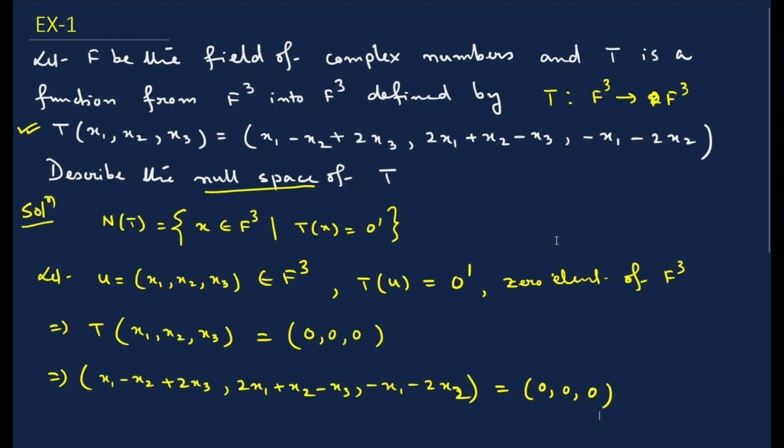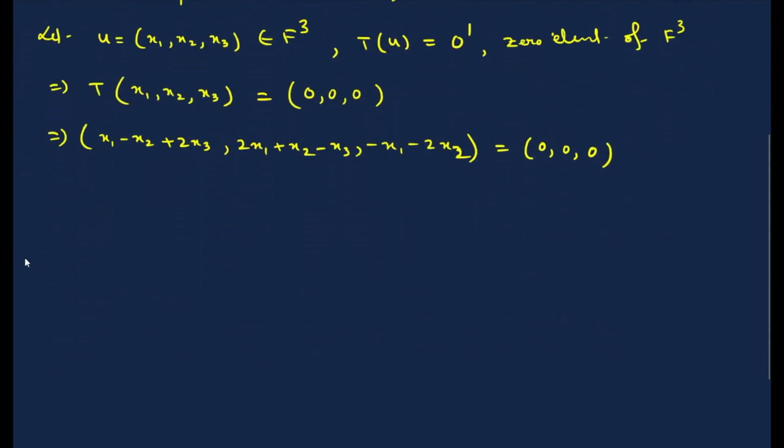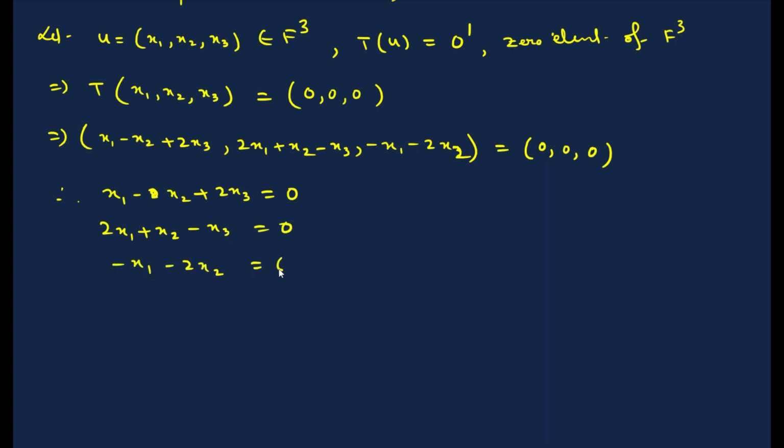Now if you compare, we will get 3 different equations, right? So after comparing, x1 minus x2 plus 2x3 equals 0, and then 2x1 plus x2 minus x3 equals 0, minus x1 minus 2x2 equals 0.